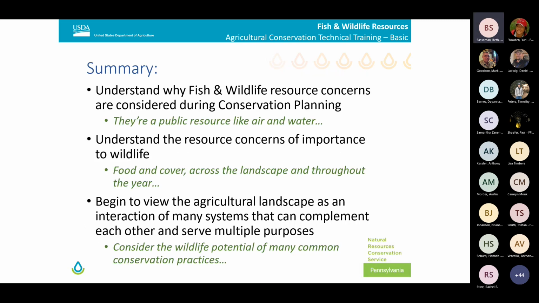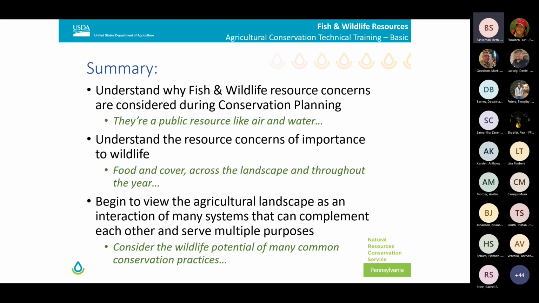So to wrap it up, we want to understand why we have to consider fish and wildlife. And like I said earlier, it's a public resource, and the state really does regulate it, and we're required by law to evaluate it and to not cause detriment. Then understand resource concerns that are important to wildlife. So food, cover, and water were the three things they need.